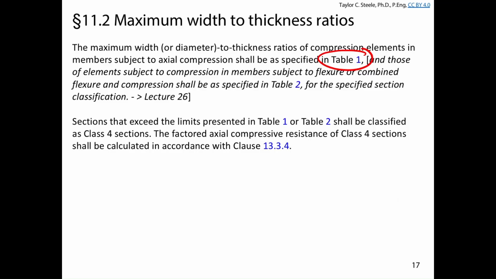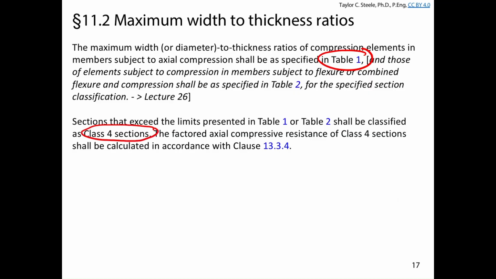And those of elements subject to compression in members in flexure or combined flexure and compression come from table 2. We're going to start talking about that in lecture 26, and we'll also talk about it in lecture 34 or 35. Later on, we're going to see this. Sections that exceed limits presented in table 1 or table 2 are going to be classified as something called class 4 sections.